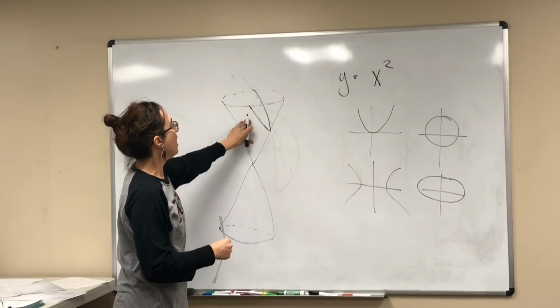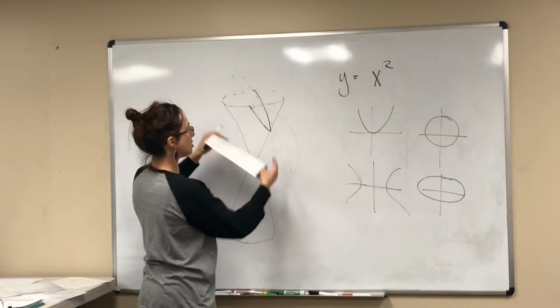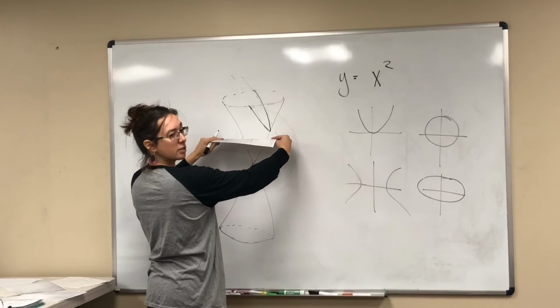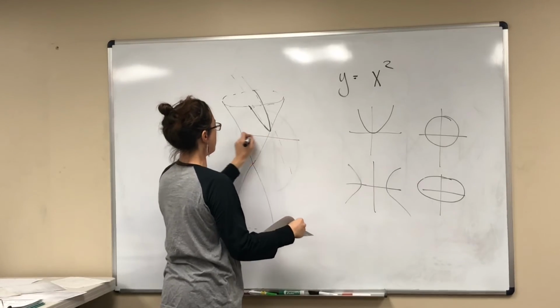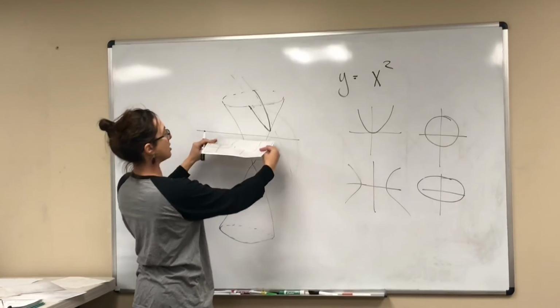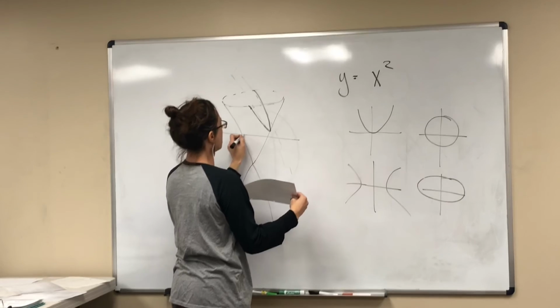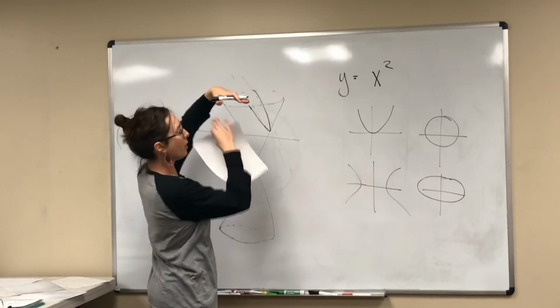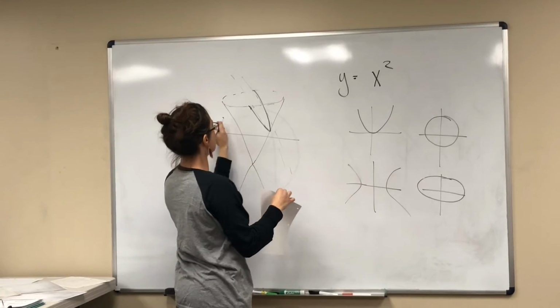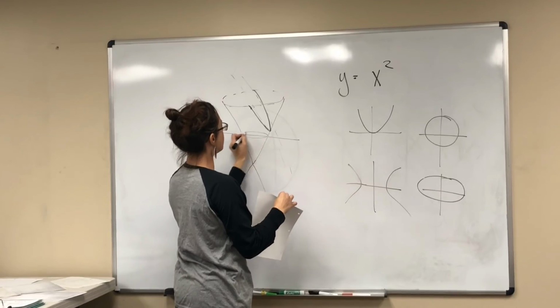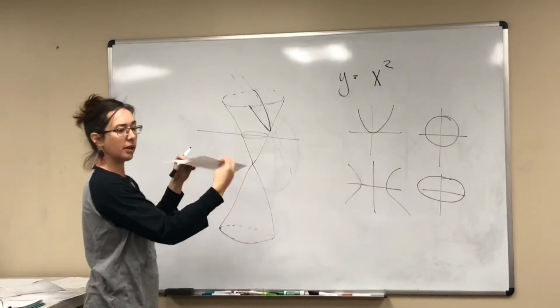Okay? If we cut through our cone straight across, right? So we're putting a paper straight through our cone. Straight through our cone. And if we were to pull the cone apart exactly where we cut it, the shape would be a circle in there, right?